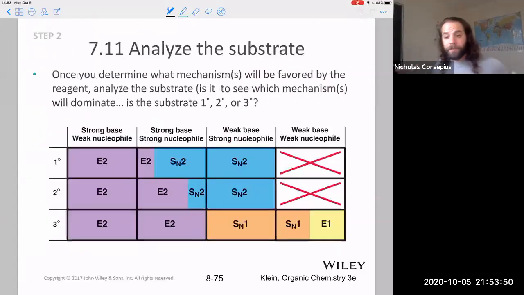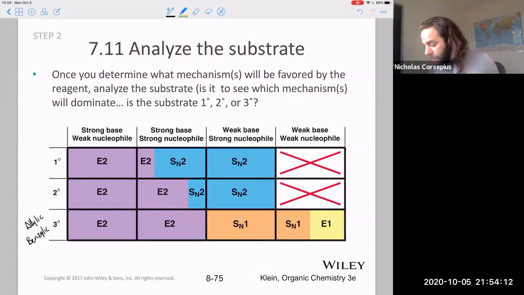Okay, so now let's put these two considerations together. This chart is pretty money right here. There's a lot going on, so let's take this step by step. Again, we're going to say tertiary, and we're also going to lump in allylic and benzylic into the same category, okay?